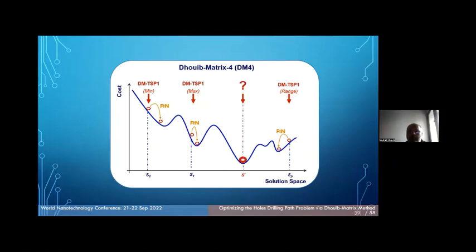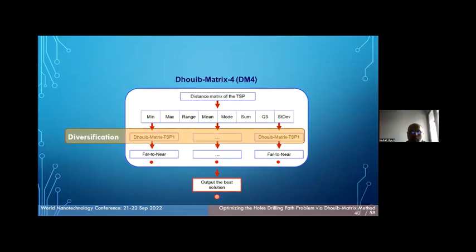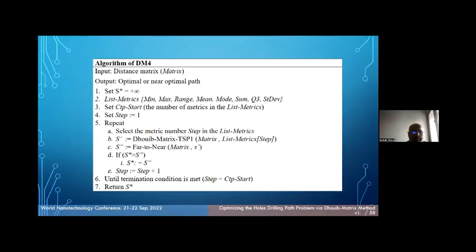So the DM4 is a multi-start technique which combines both of the methods. And this method generates a wonderful balance between diversification and intensification, where diversification is assured by the Dhouib-Matrix TSP1 and the intensification by the local search technique.